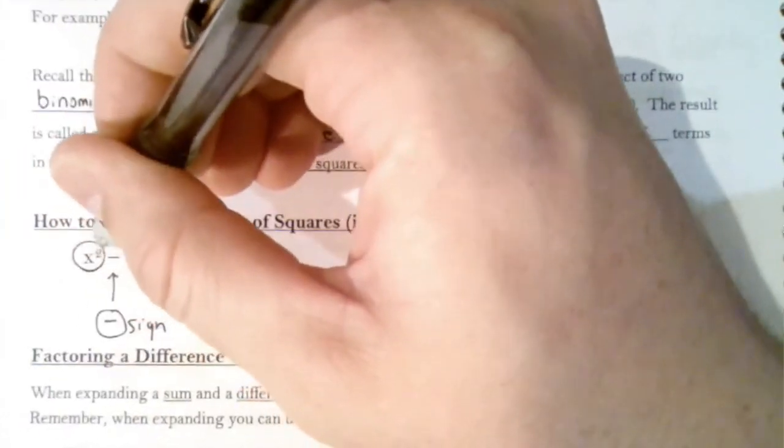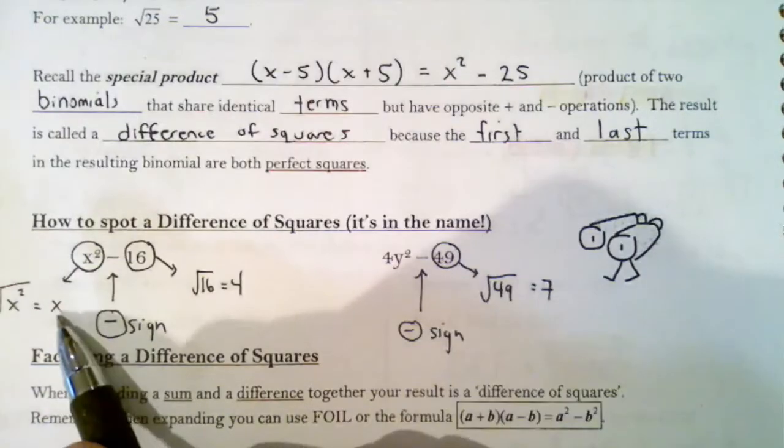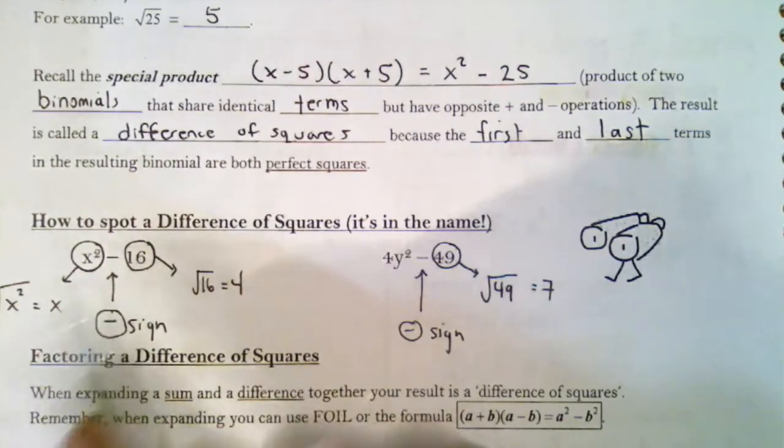So x squared, well, that's a square as well. And the reason it's a square is because x squared is just x times itself. If we square root x squared, we get x, because x times x gives us x squared.